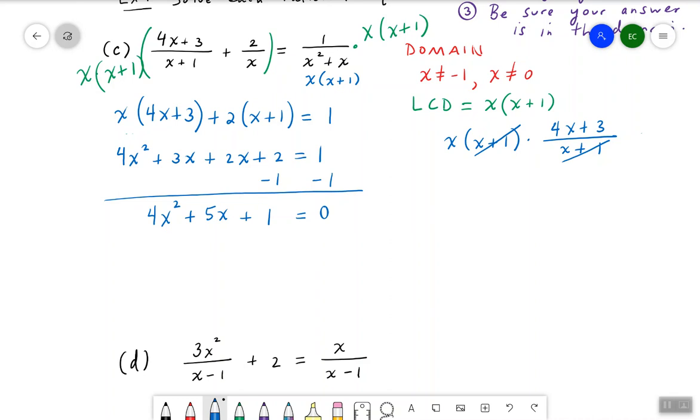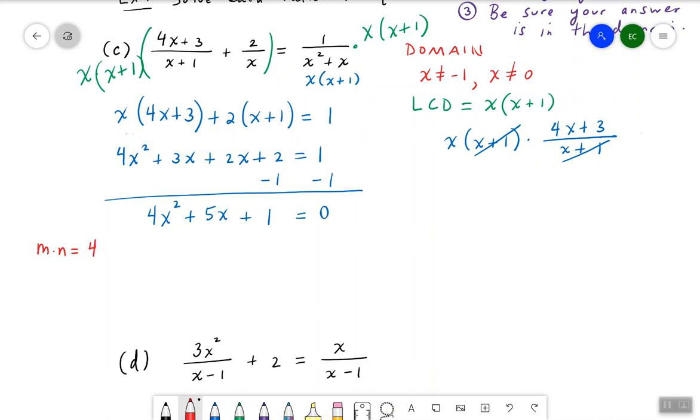And so if you're going to factor this, notice that the coefficient on the x squared is not 1. And so that's a special kind of factoring called factor by grouping. In order to start that, we need to find two numbers that multiply to the product of this leading coefficient and this constant. 4 times 1 is 4.